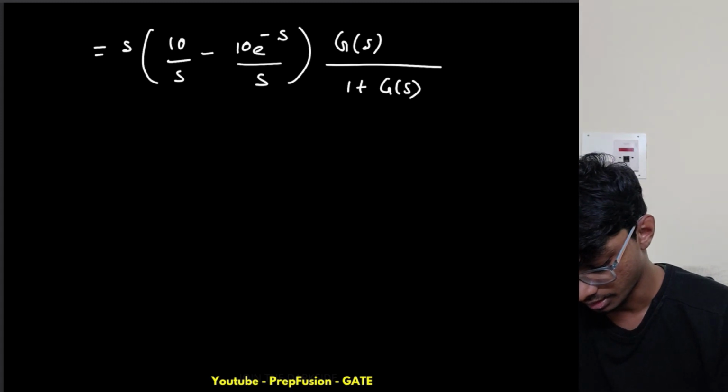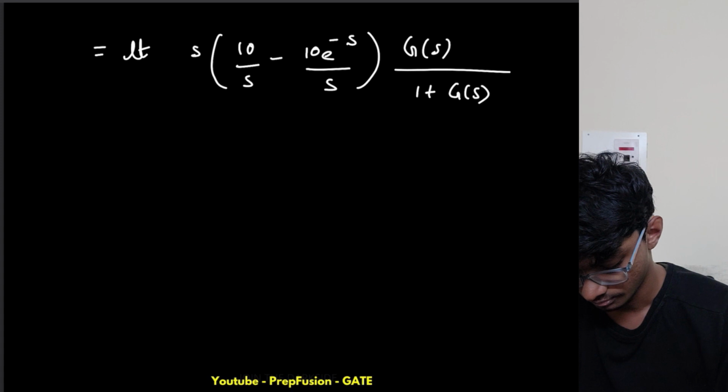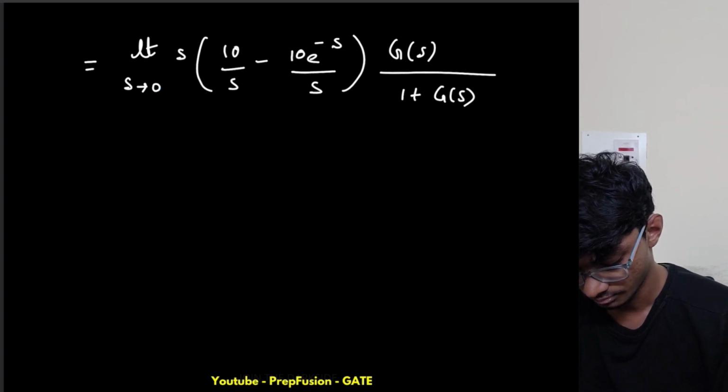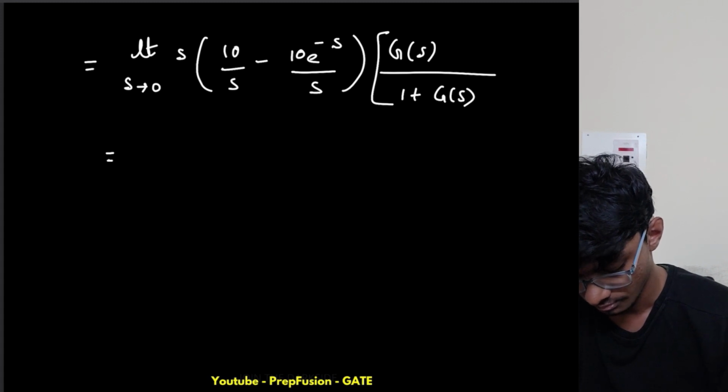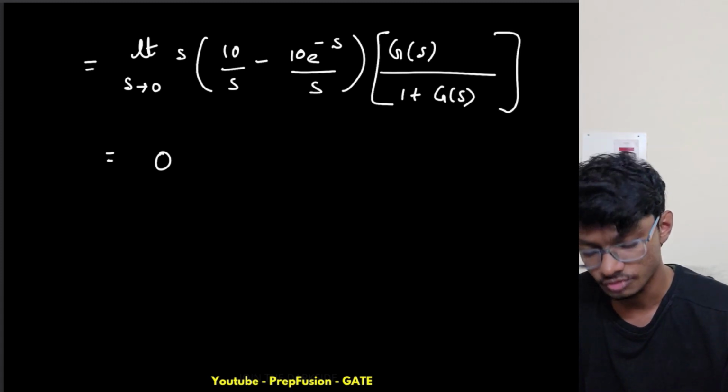If I now put limit s tending to 0, this will be 0 only, because g of 0 is some finite value.